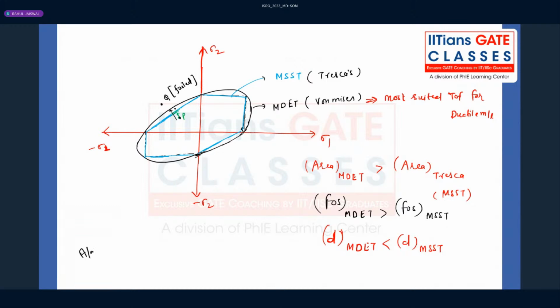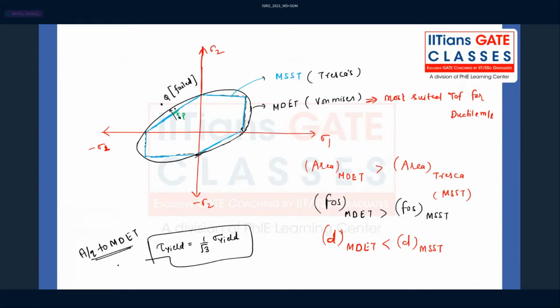Because according to maximum distortion energy theory, you know that tau at the yield point is 1 upon root 3 times sigma at the yield point. That means it is 0.577 times sigma yield, right?